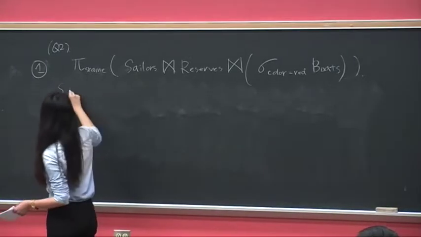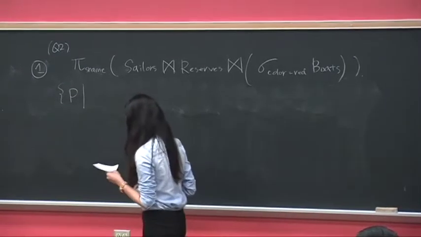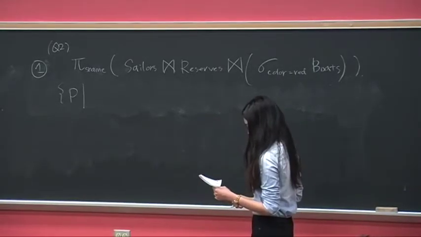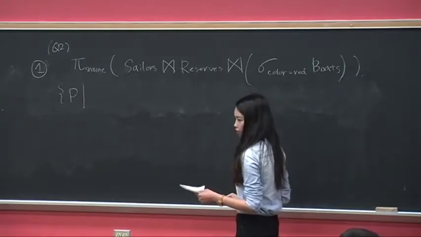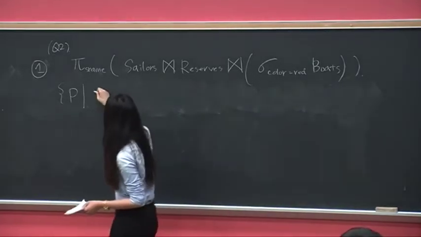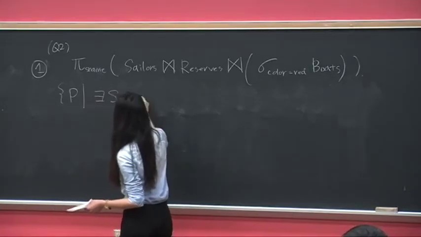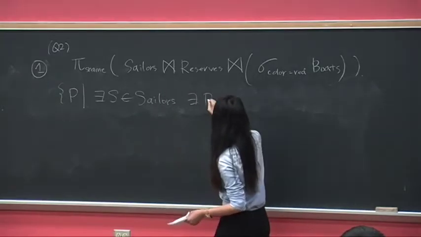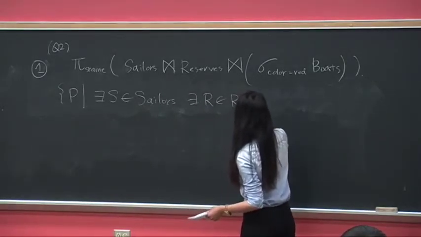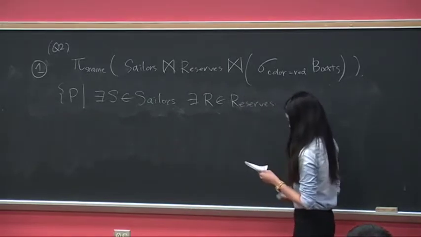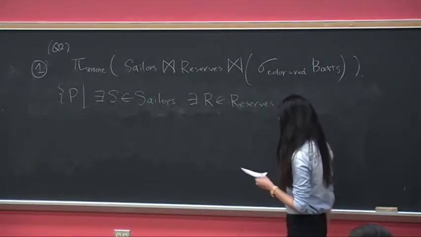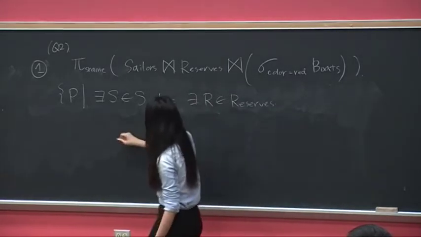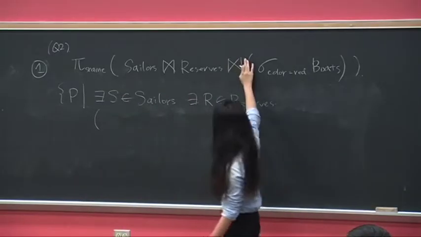Also, we start from a P that's satisfied. What would you do? So this is a little bit trickier, so I'll work on it. We want to first say there exists S that is in Sailor's. There also exists R that is in the reserves. Up until here, we take care of the things before here.